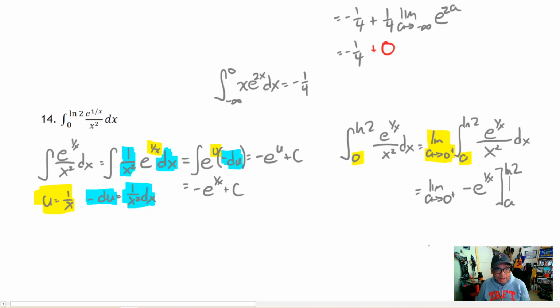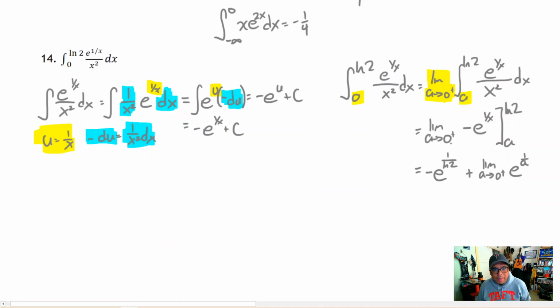Since I have my antiderivative, just like the other ones, it's a lot easier just to put in the antiderivative now and use the substitution. Making my substitutions, I get negative e to the 1 over natural log of 2, plus the limit as a approaches 0 from the right of e to the 1 over a.